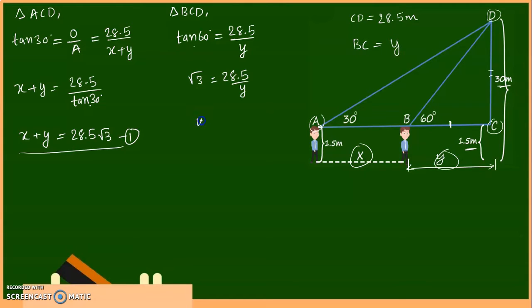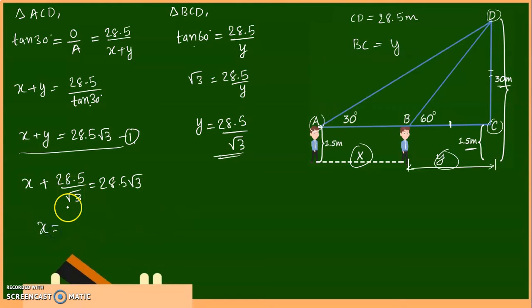So we can write Y equals 28.5 divided by root 3. Now put this value of Y in equation number 1. In place of Y, we put 28.5 divided by root 3. From this equation we can find the value of X.